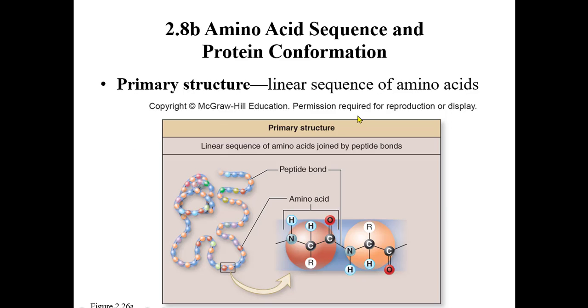When you have a long chain, it's simply called a polypeptide sequence. So this is a polypeptide sequence. One end will be the amino group, the other end would be the carboxyl group. And that's your primary structure, the long necklace, the polypeptide. So polypeptide is primary.